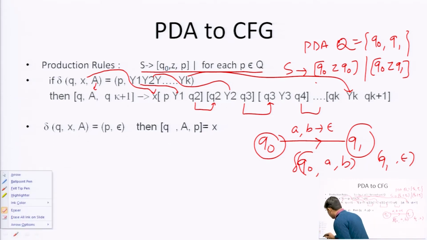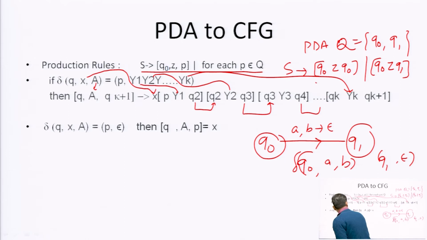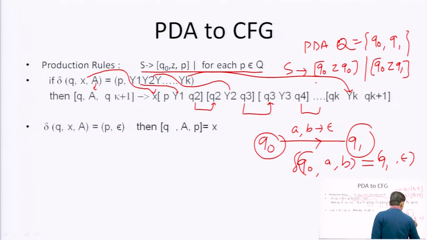For this transition, what would be the production? The production will be Q0, B, Q1 going to A. So this is a variable, and this is a terminal.